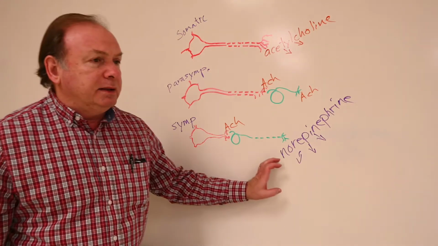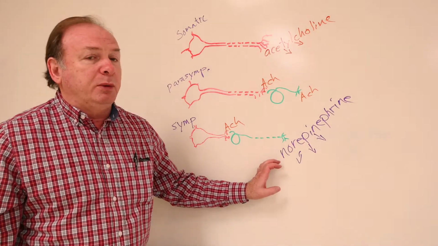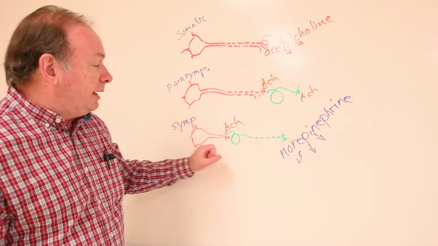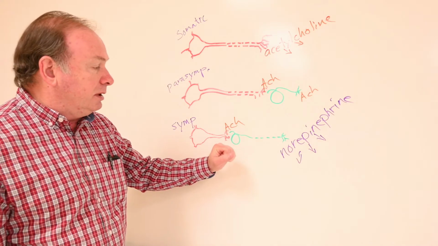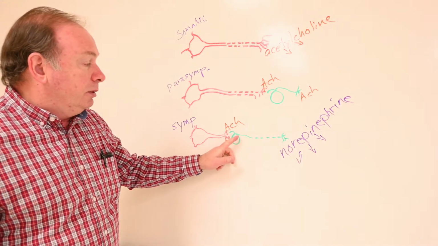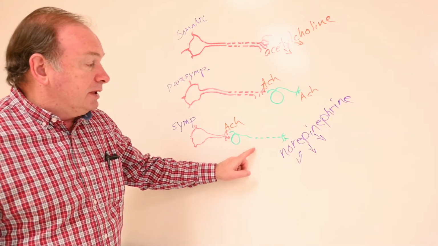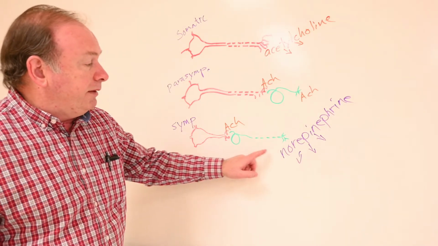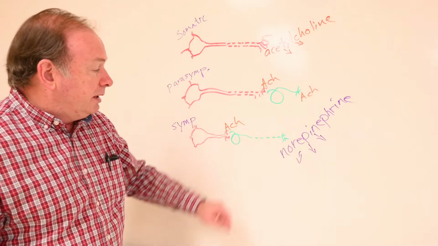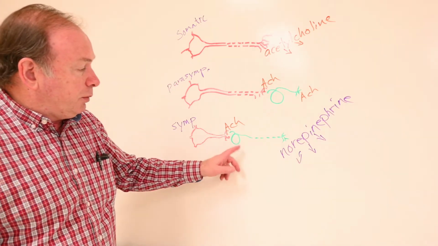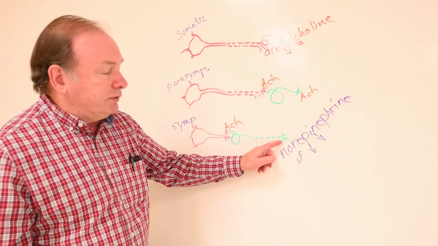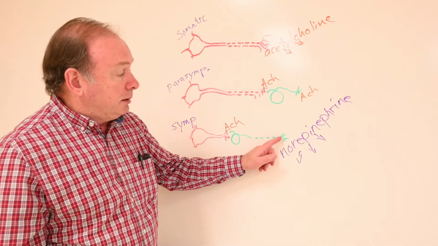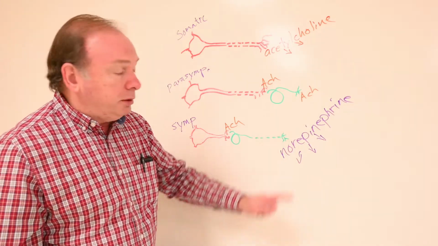Remember that the sympathetic stimulation of the adrenal gland, the adrenal medulla cells, they release epinephrine directly into the bloodstream. They could release some norepinephrine as well, but it's primarily epinephrine released directly into the bloodstream, which circulates rather than being released from an axon terminal.